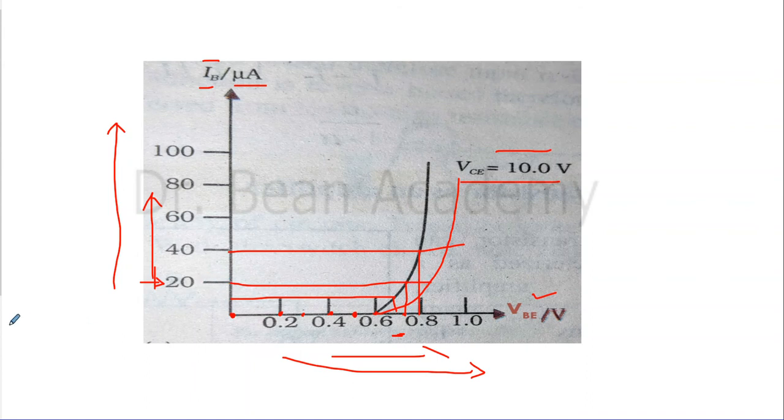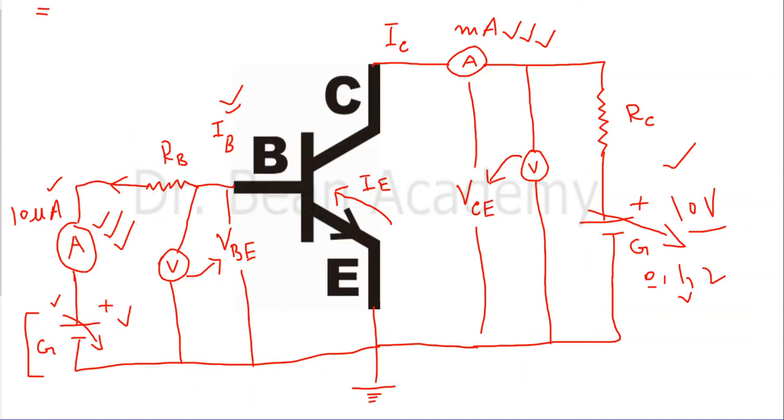You will note down this voltage, then go back to the circuit diagram and set this voltage, whatever value you saw from the input, so that you get this current of 20 microampere. After setting this voltage, as a result you will get this current of 20 microampere.